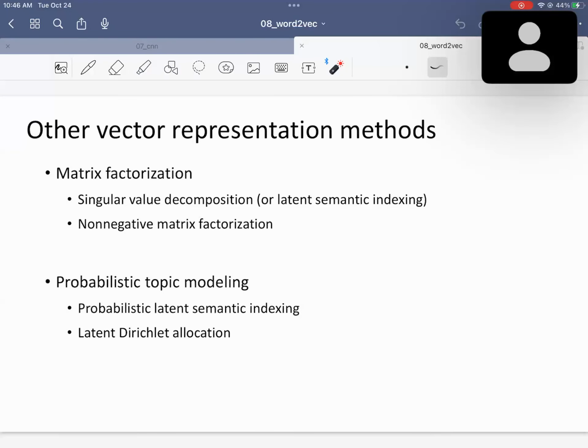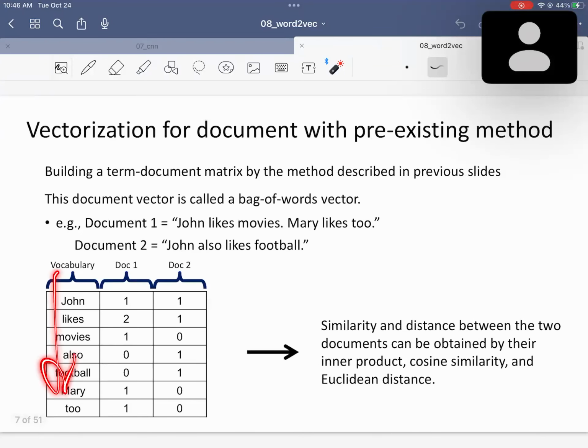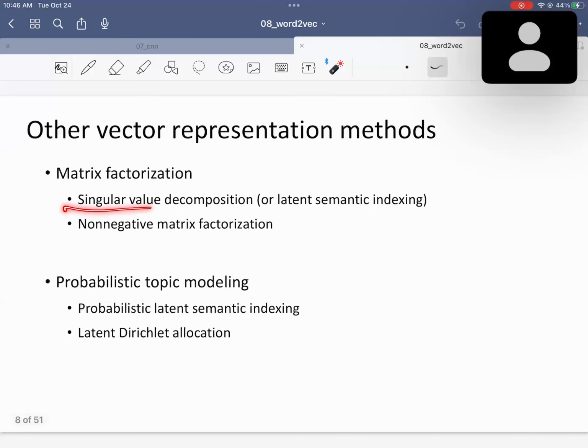Other vector representation methods include matrix factorization methods. For example, if you have the same term-document matrix, you could use singular value decomposition to represent a document with a smaller vector rather than the entire vector. A similar thing is non-negative matrix factorization, NMF.